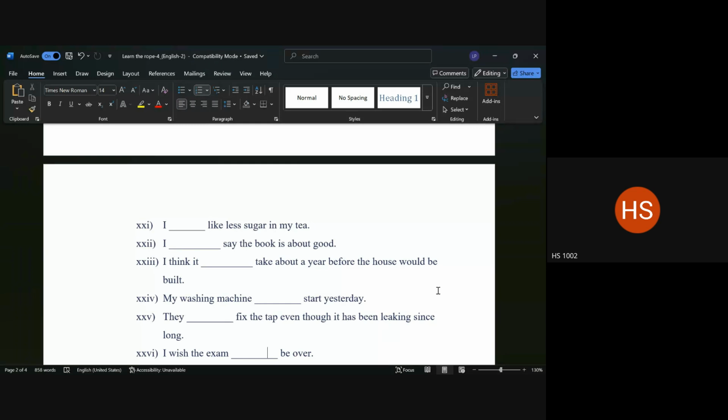There's nothing necessary about that. Okay, ma'am, I got it. If I say I must say the book is about good, here probably I have read the book and then I'm giving my opinion. Yes, your short opinion, but please be careful to use the right modal verb. When you say need and must, and you're saying about good, it doesn't fit well, right? You're only indicating that it is about good.